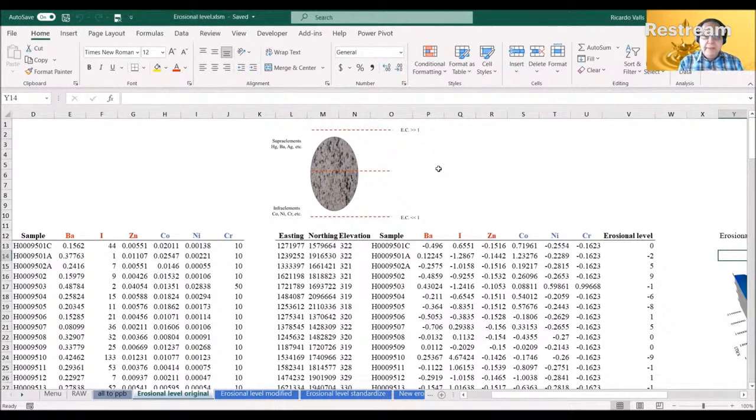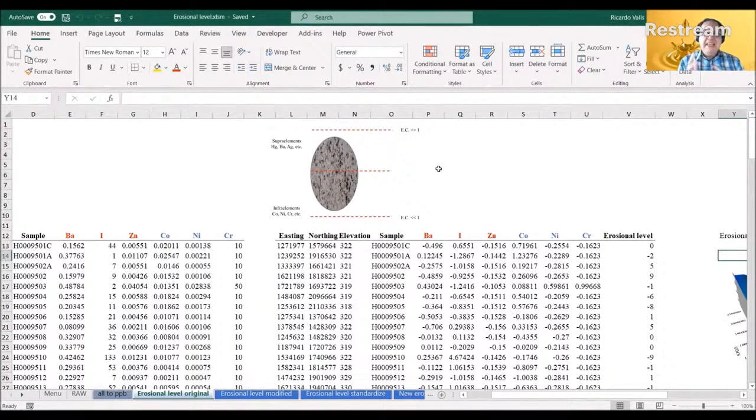This is why I think this technique is so important. You may have the most beautiful gold anomaly in your target, and it may be a residual anomaly. The ore body has been already eroded.